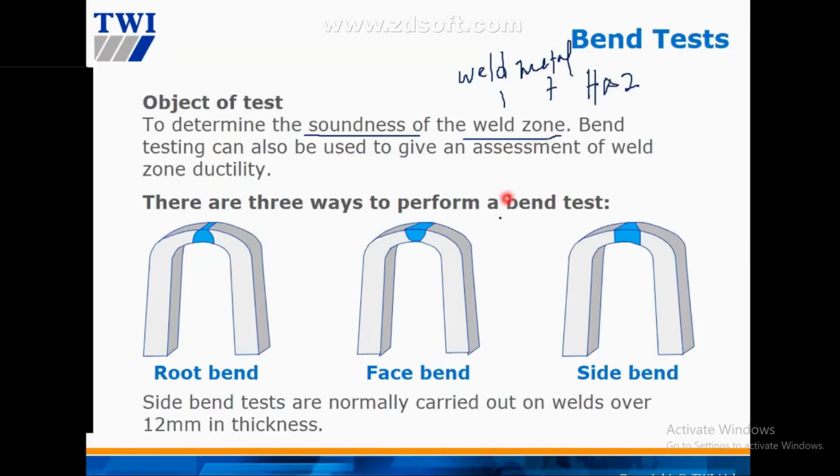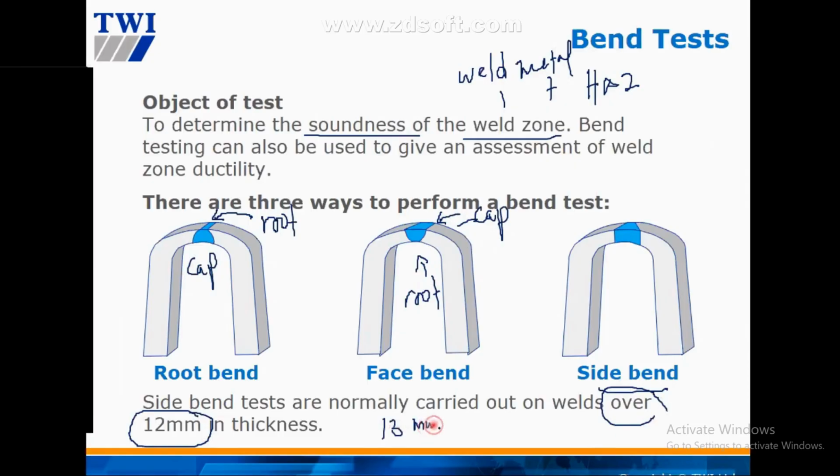So there are three types of bend. Root bend, when we have the root outside and the cap inside. Face bend, when we have the capping outside and the root inside. Side bend applies for over 12, meaning 13 mm and above. If it is up to 12, it is root and face.